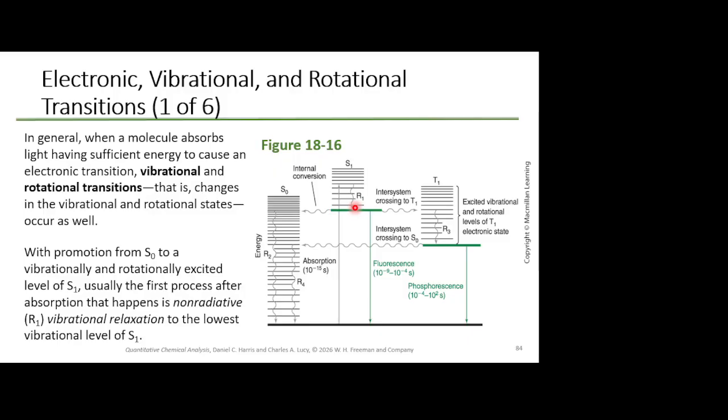The green bars are the intersystem conversion right here. This is where it can go back and forth. This would be your lowest energy level as well. This would be the lowest energy level for the S1 vibrational level, and this would be the lowest energy level for the T1 vibrational level. Are we okay so far?